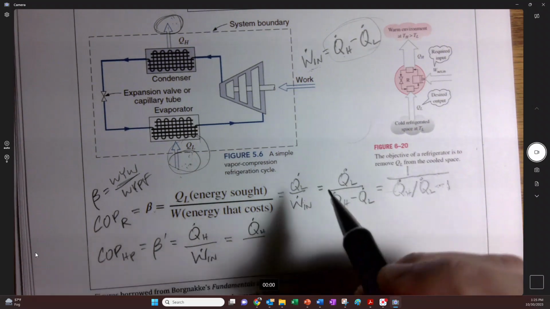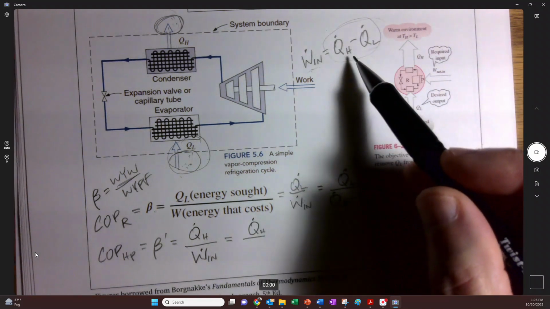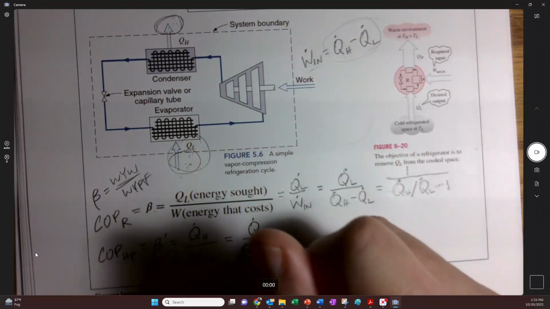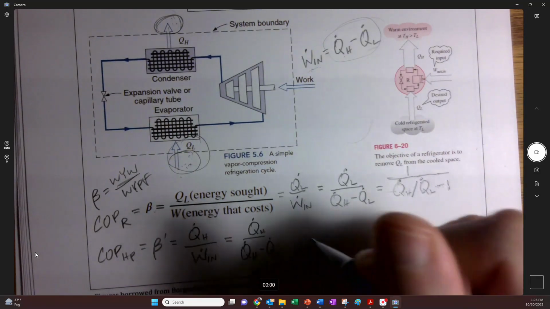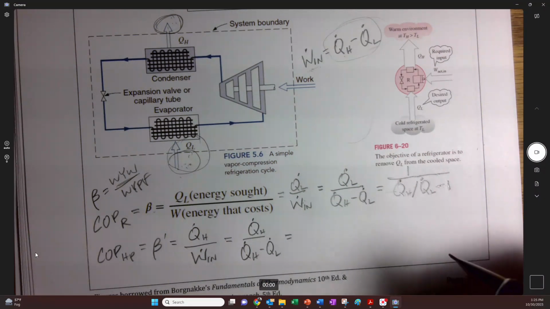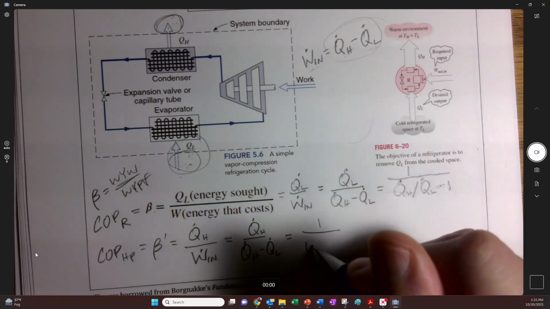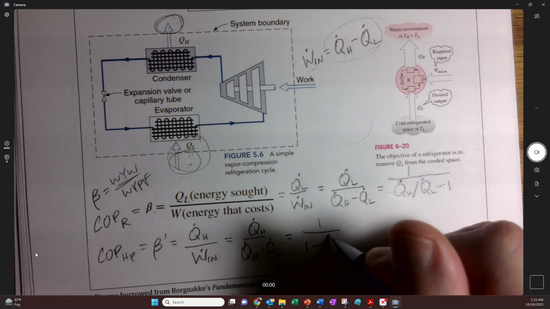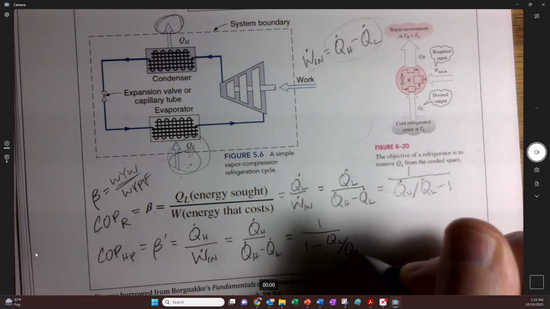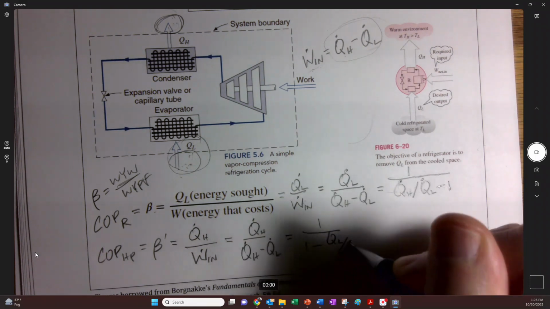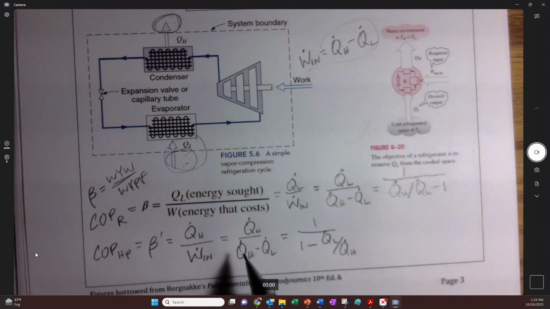but now we're going to replace that with, because we have the same thing over here, QH over Q dot H minus QL, because that hasn't changed. But what will change is you'll have 1 over 1 minus QL over QH. And so this is your coefficient of performance.